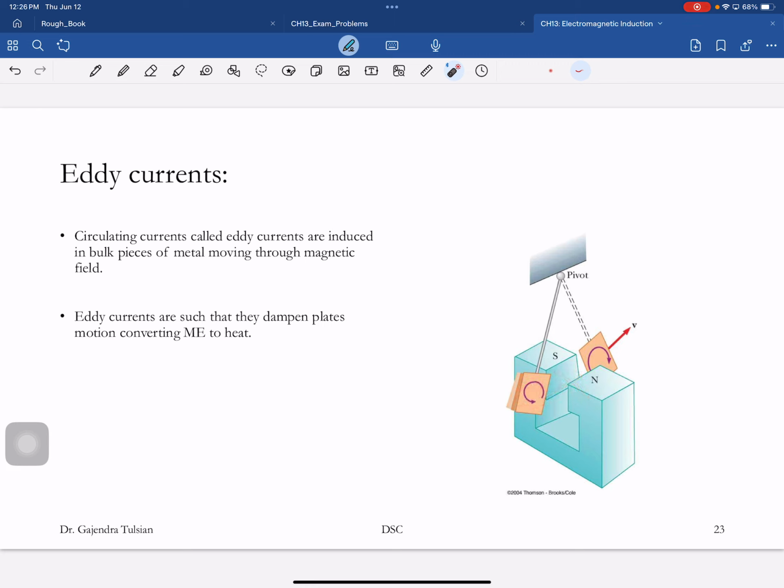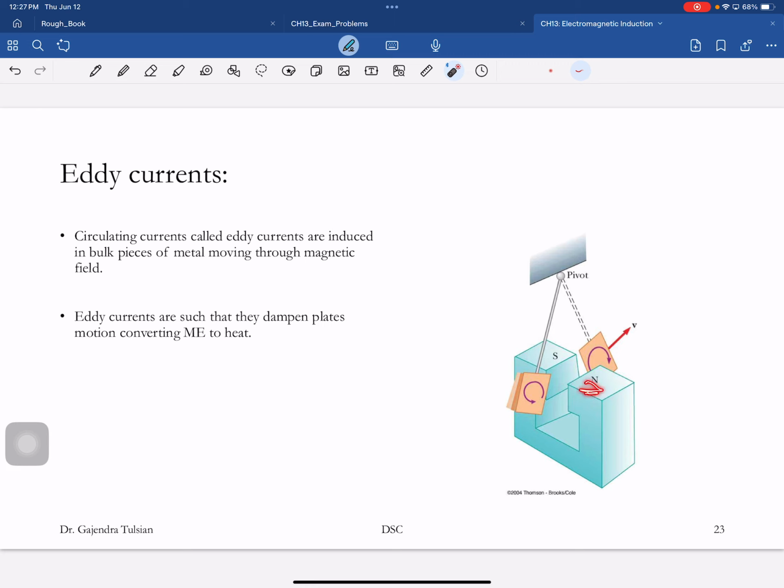So when it's going like that, this will induce a north pole there, and this north pole will repel that north pole, so it's slowing it down. When it's going away, this will become a south pole, this will attract that, and it'll slow it down. So it's adding friction.